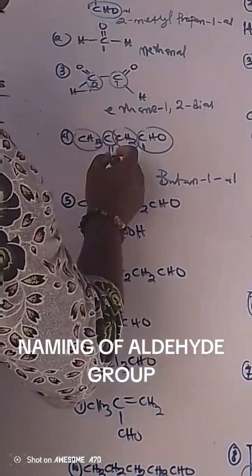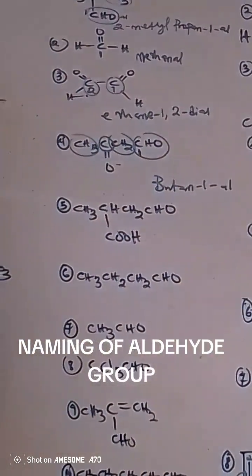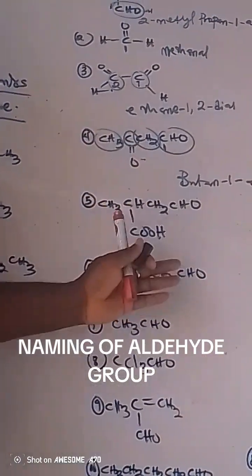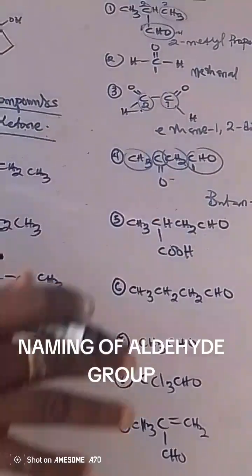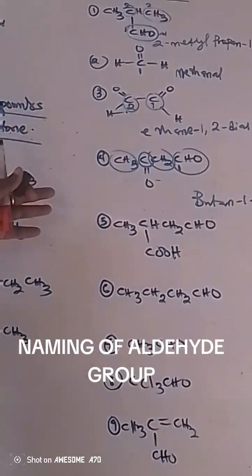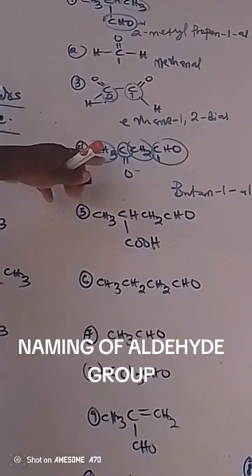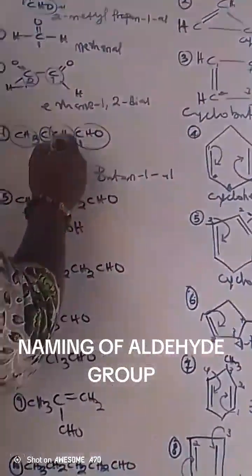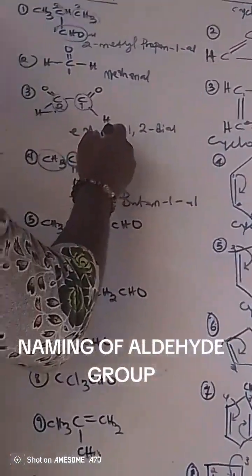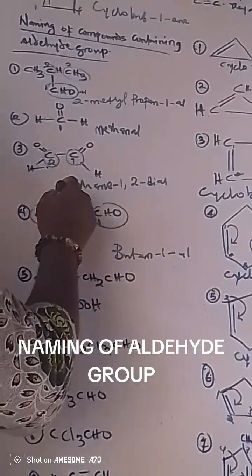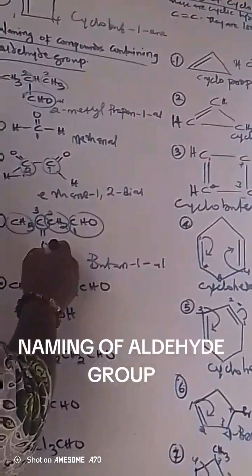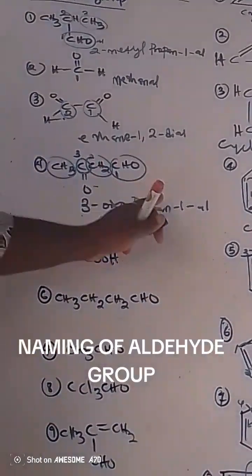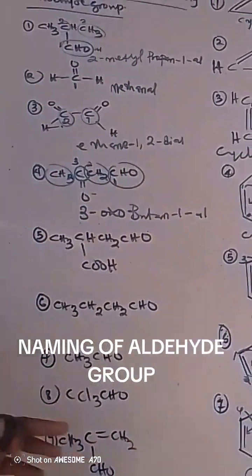If there are two functional groups, one will stand as the principal functional group, while the other will stand as a substituent. That is, you use oxo as the prefix for ketone. The prefix of ketone is oxo. And when you look at it, number it 1, 2, 3. You have 3-oxo and 1-al. It is equally 3-oxobutanal. Do you understand? Okay.